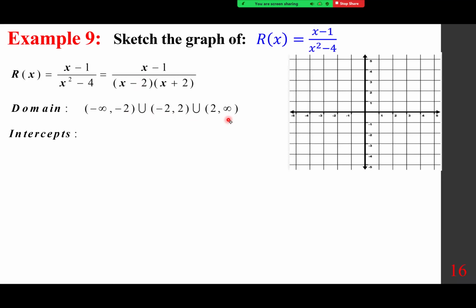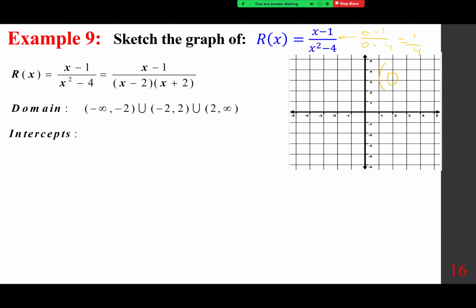Intercepts. X is 0, find y. Y is 0, find x. For x being 0, it's easier to go here. If x is 0, forget about this one. You get minus 1 over minus 4. So when x is 0, you get 1/4. So (0, 1/4). Class, if x is 0, you get 0 minus 1 over 0 minus 4, you get 1/4.